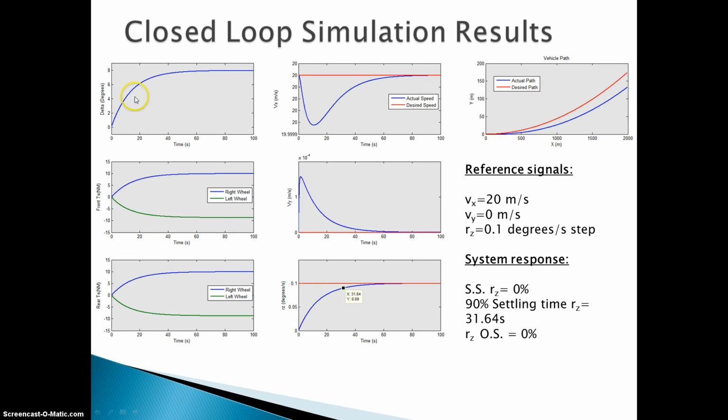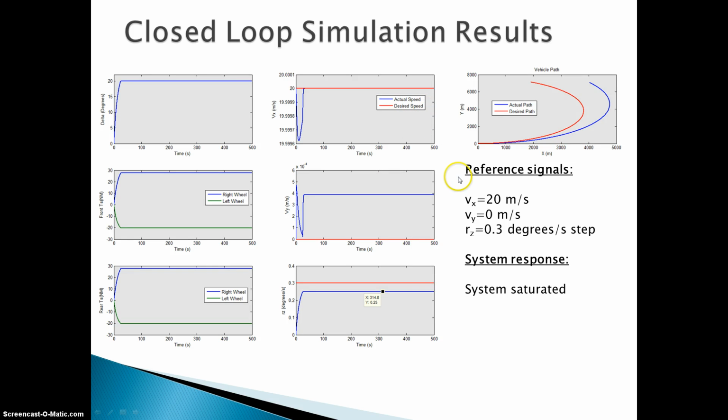We can see that delta is changing, which makes sense because we want a yaw rate, and we can also see that torques are different on different sides of the vehicle, because differential speeds are trying to accommodate the new yaw rate.